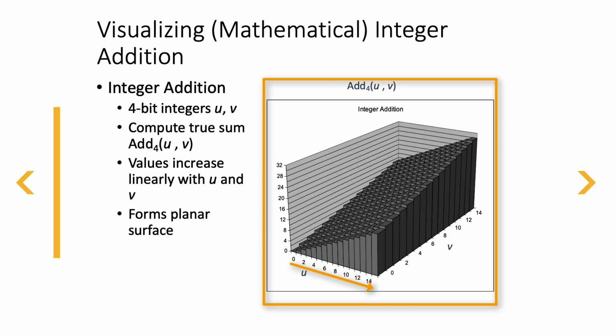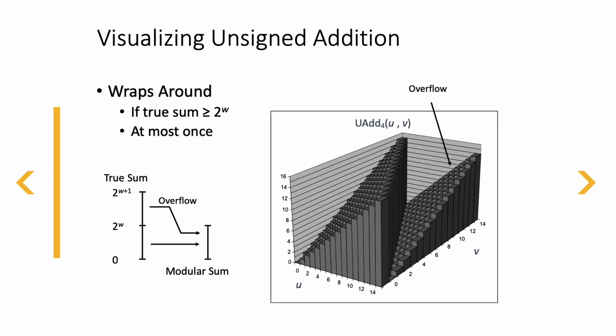As u gets bigger, the value gets bigger, and as v gets bigger, the value gets bigger. And this happens in a linear way in both directions, so we just end up with this nice plane that we see here. The difference is, if we're dealing with unsigned addition in a computer system, well, we can overflow, right? If we end up going beyond our representational limits, then we loop back around to 0 because we're doing that modular arithmetic.